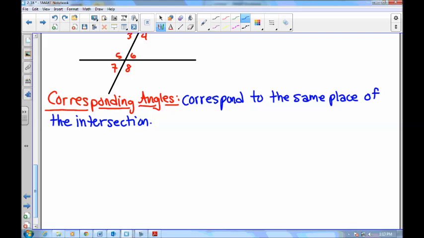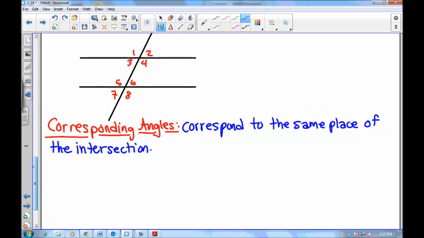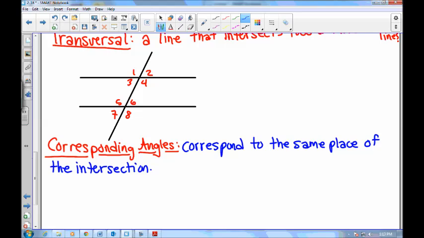So on ours, now I'm going to be marking this diagram up a lot. Don't do it because yours will be messy because I can erase mine. So just watch for a sec. If I select angle 1, notice it is the top left of the intersection. Is there another angle that corresponds to that same location, top left? Dave?